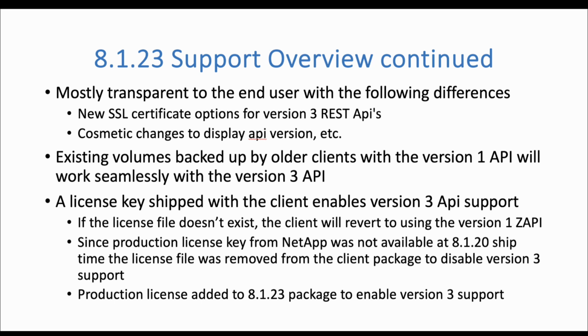It shipped without a license, so since there's no license, 8.1.20 will fall back to use the version 1 API, and as I said, the license was added to the 8.1.23 package to enable it. And really, it's possible to add the license to 8.1.20 and above to enable it, but it's not something that we're really announcing, but it is possible.